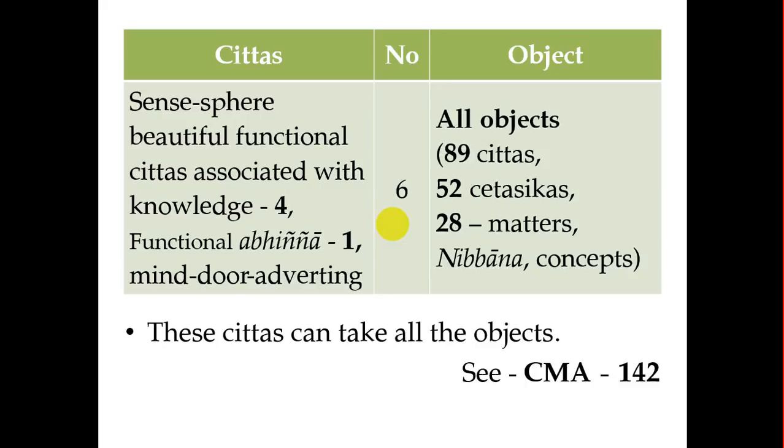When you attain jhana, you have to open your mind. When you attain Magga and Phala, you have to open that mind. Therefore, mind-door adverting consciousness can take any object, even before you attain direct knowledge. Your mind has to be open, and that is mind-door adverting.